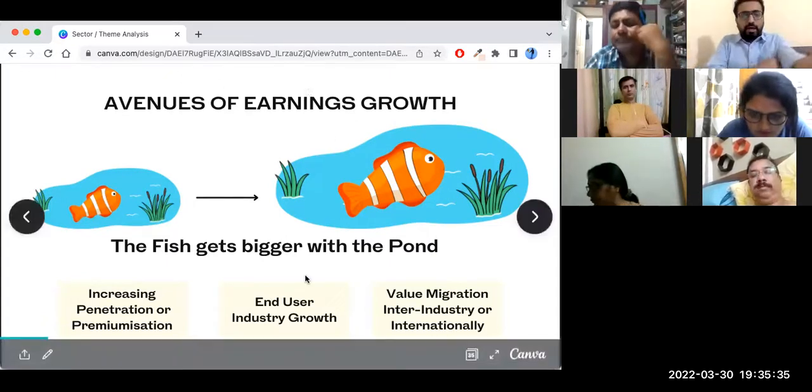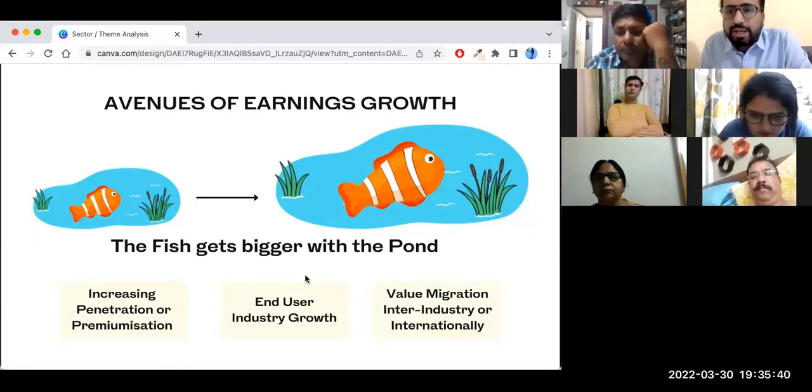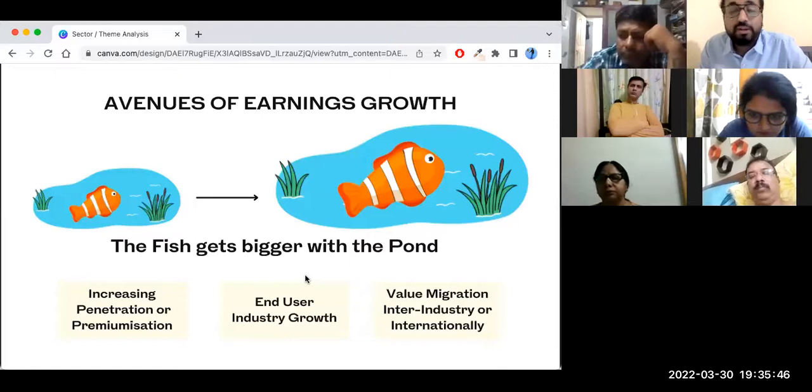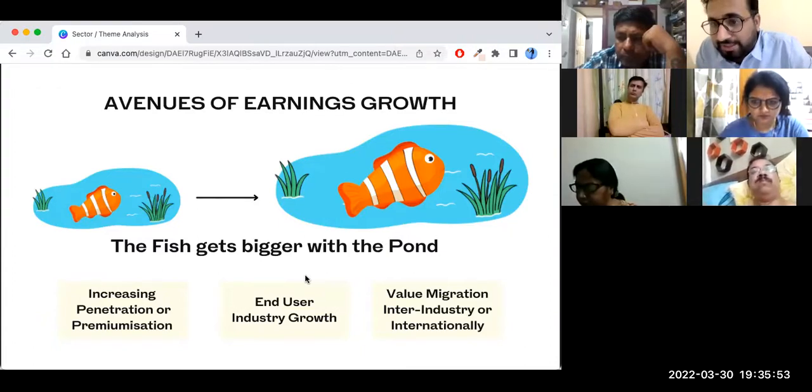Okay, fair enough. Now I was explaining value migration. How can a sector benefit from value migration, how can a sector grow with value migration, when it happens either inter-industry or internationally? What are the examples here?